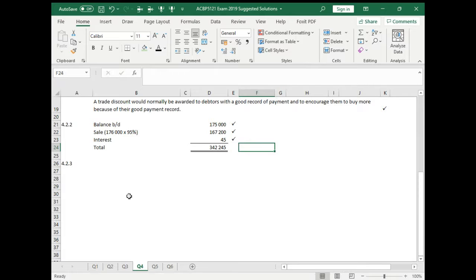Debtors control is normally a debit account, so I'm going to credit that. Then I'm going to debit credit losses, or you can have bad debts. But what is the last thing that we need to account for based on the information they've given us? What is the other account?